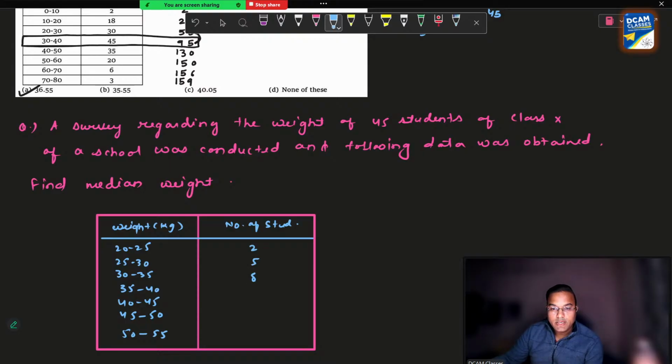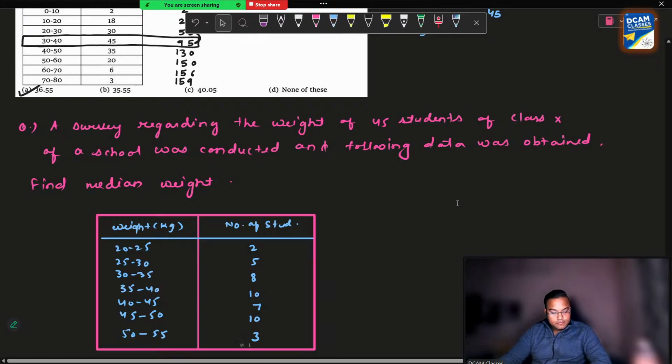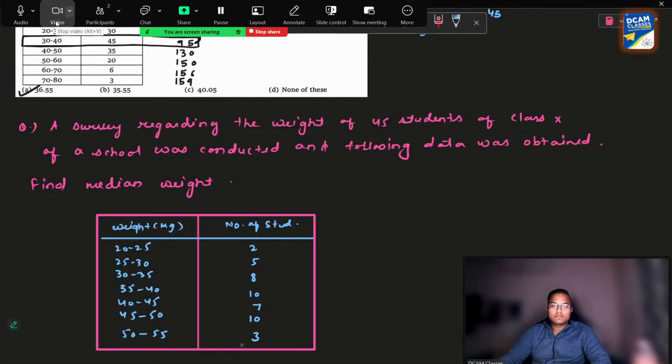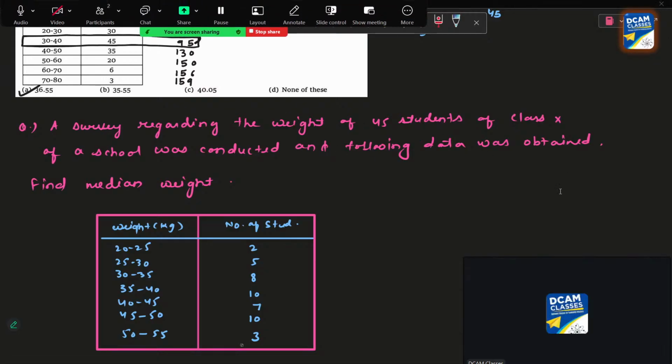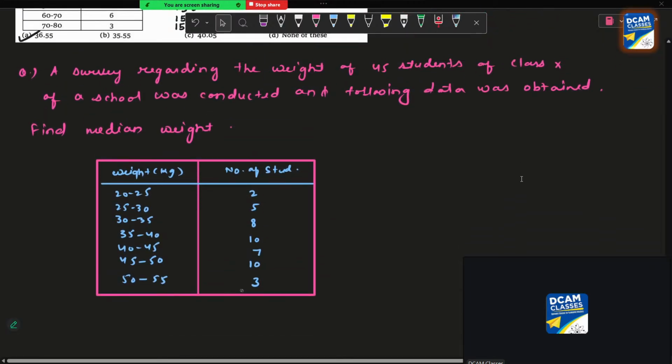The numbers of students are 2, 5, 8, 10, 7, 10, 3. Do it. Options are not there. You have to calculate and give me the answer.